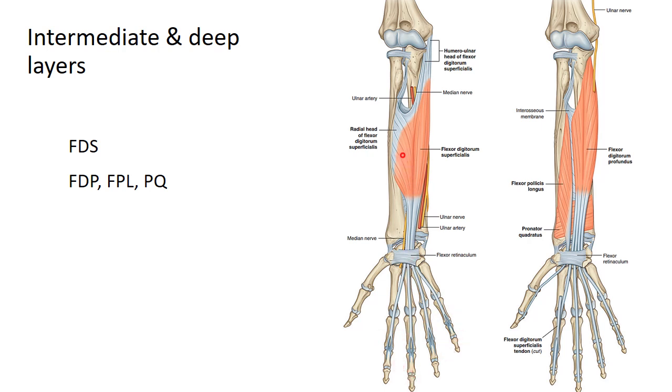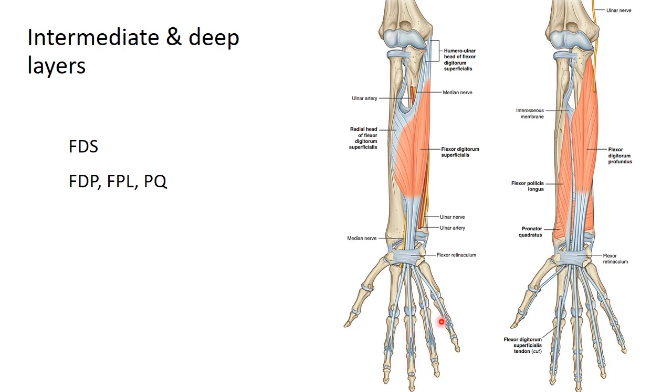Flexor digitorum superficialis has got two heads, humeral ulnar and radial heads. Then the belly of the muscle, then the long tendon. This tendon divides into four slips. It passes beneath the flexor retinaculum within the carpal tunnel and they diverge to reach each finger, close to the middle phalanges.